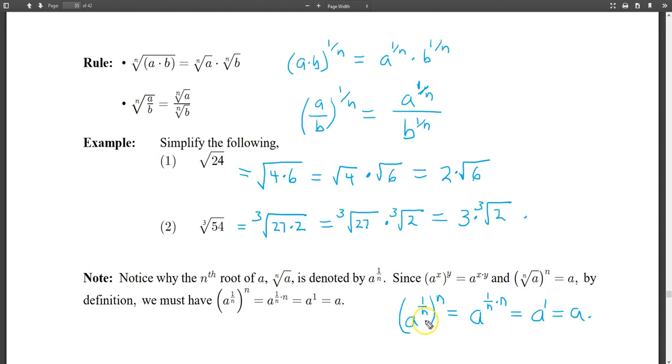So that's why the nth root of a is denoted as a to the 1 over n, because following our rules of exponents here, we get back a. Alright, and so that concludes our discussion of exponents.